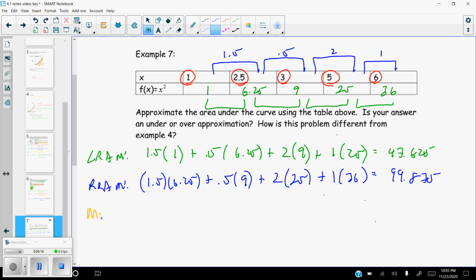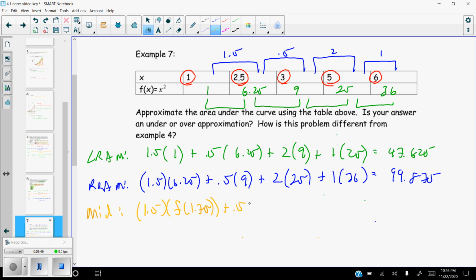Let's do the midpoint. I'm going to write this in a strange way. The bases of the rectangles don't change, 1.5. Then it's going to be whatever is in the middle. What's in between 1 and 2.5? 1.75, I think. So that's going to be f of 1.75. It's whatever you get when you plug 1.75 into x squared.